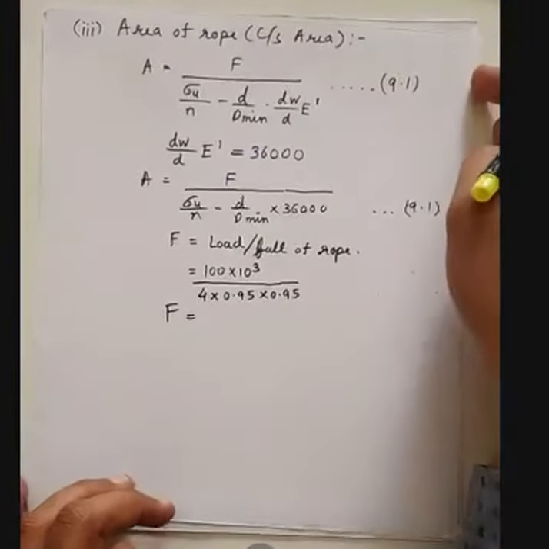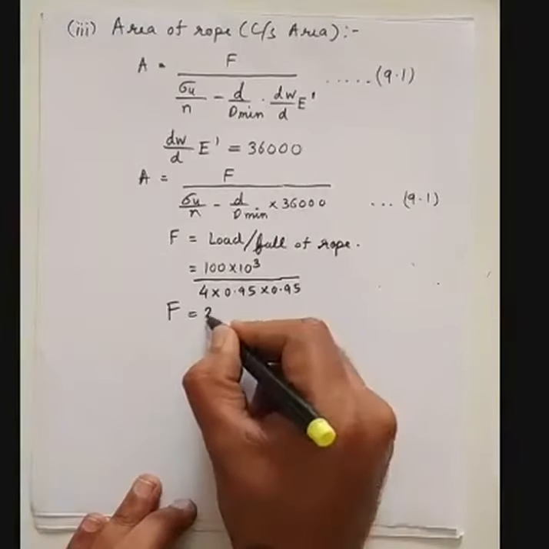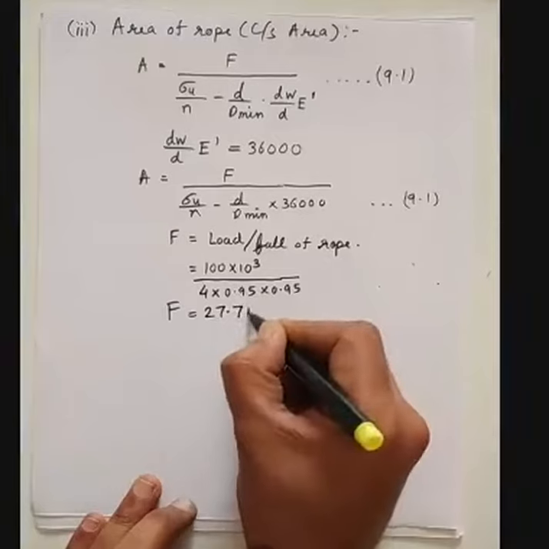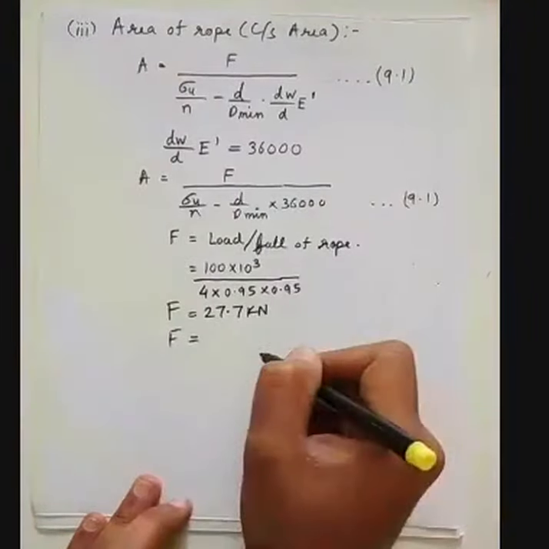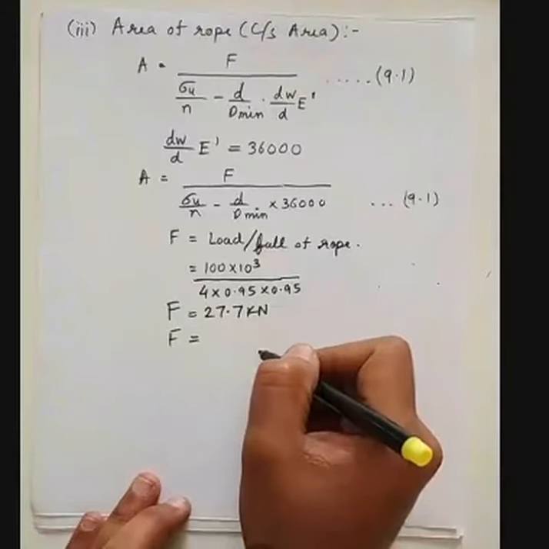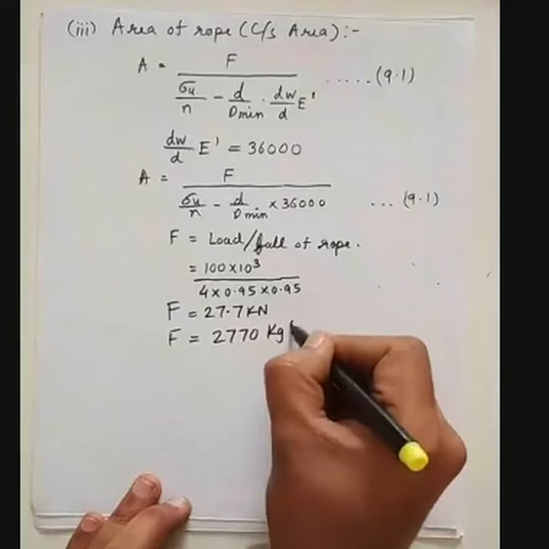So just get the value of F and let me know what answer you are getting for the load per fall of rope. It is 27.7 into 10 raised to 3 Newtons, that is 27.7 kilonewton, or you can say it is 2770 kgf.